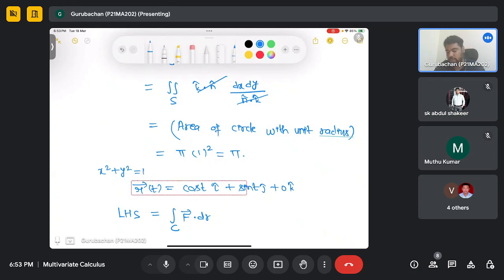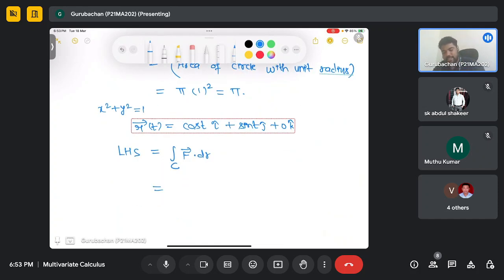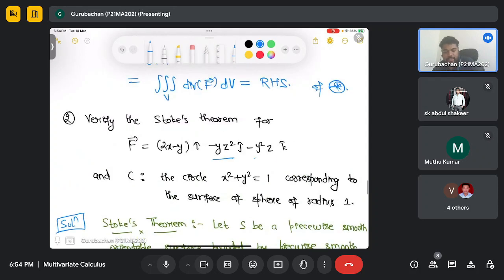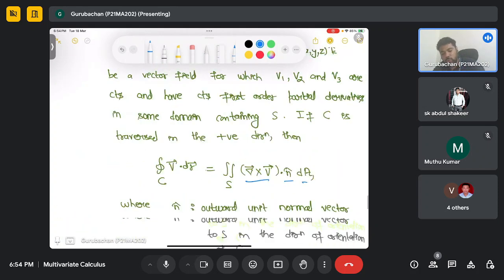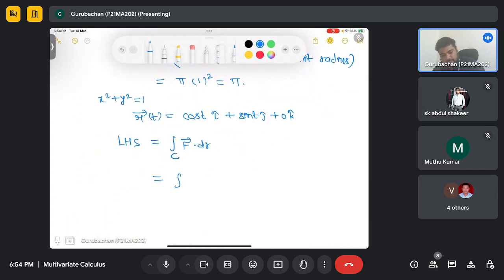If it is x square plus y square equal to 4, here it will be 2 cos t plus 2 sin t. Since z is 0, you can smartly observe that this factor and this factor are going to be 0. We are left with only 2 times cos t minus sin t into dx, and t varies from 0 to 2 pi.